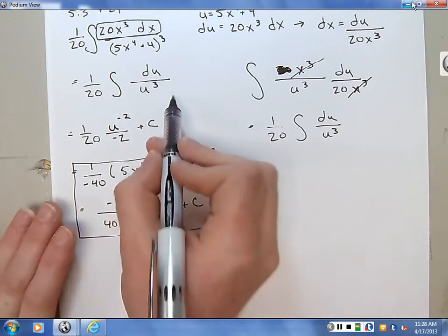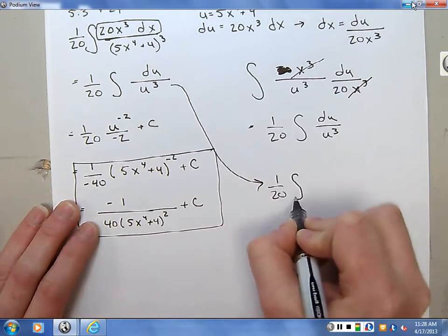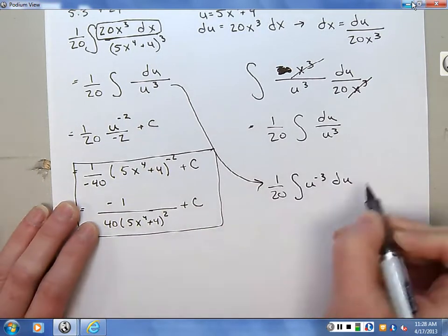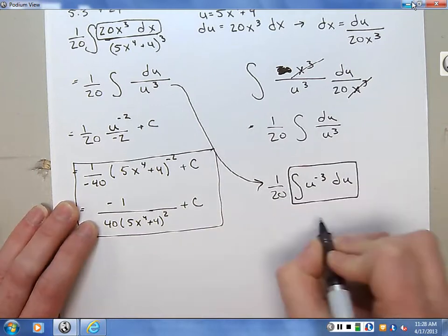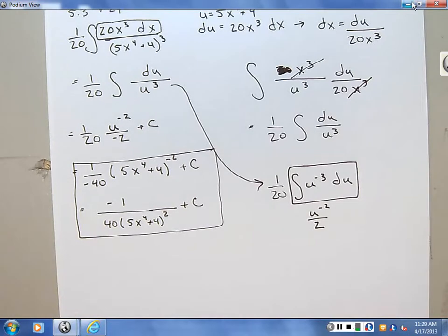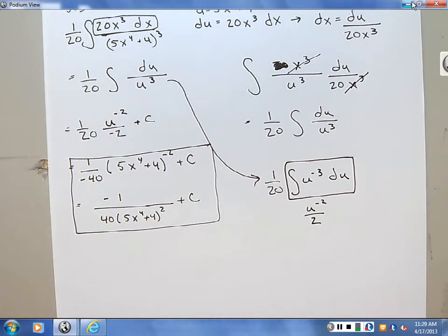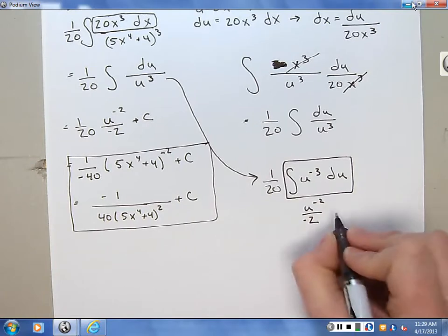And the reason why here, I could write this as 1 over 20, the integral of u to the minus 3 du. This integral would be u to the minus 2 over minus 2, thank you. Right? Of course, plus c.